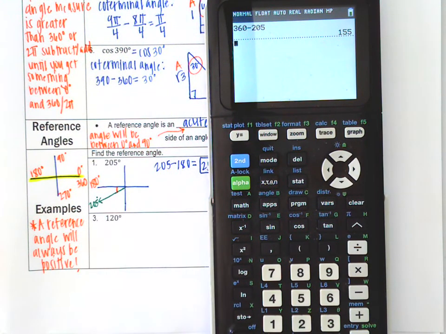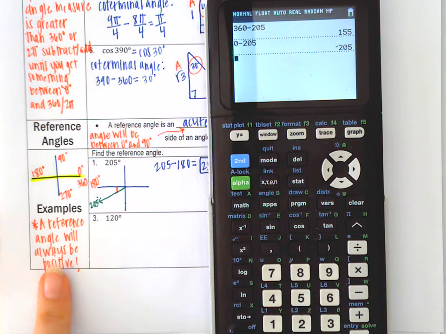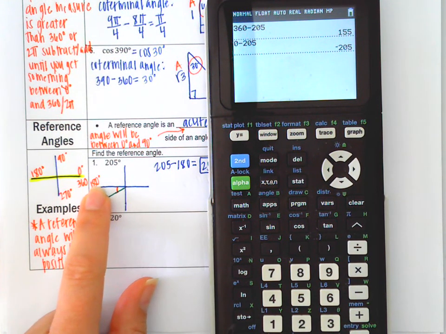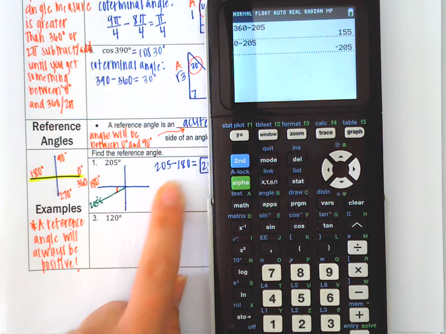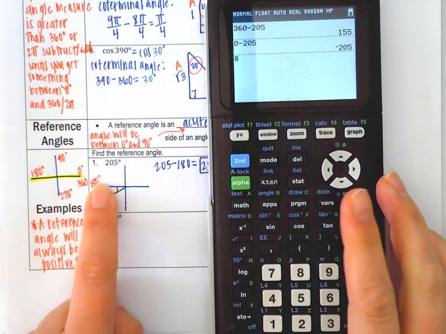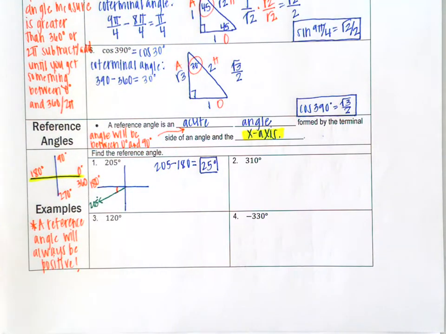Now, if I went back to 0 and I did 0 minus 205, it's negative 205. A reference angle has to be positive. So you really have only two options, 180 or 360 of what you're going to subtract. And so we subtracted 180 because it's the closest x-axis value.